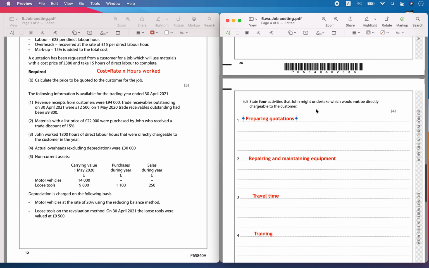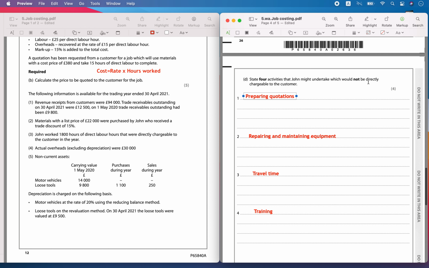Now the next one is: state 4 activities that John might undertake which would not be directly chargeable to the customers. When he is preparing the quotations, he will not charge the customers for that time. He charges only the amount required to complete a job. If he is incurring some maintenance or equipment costs, he will not include that.